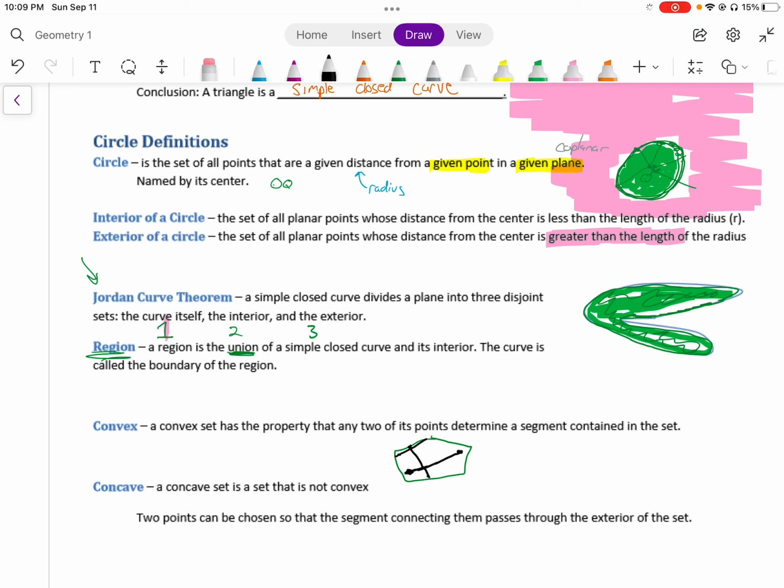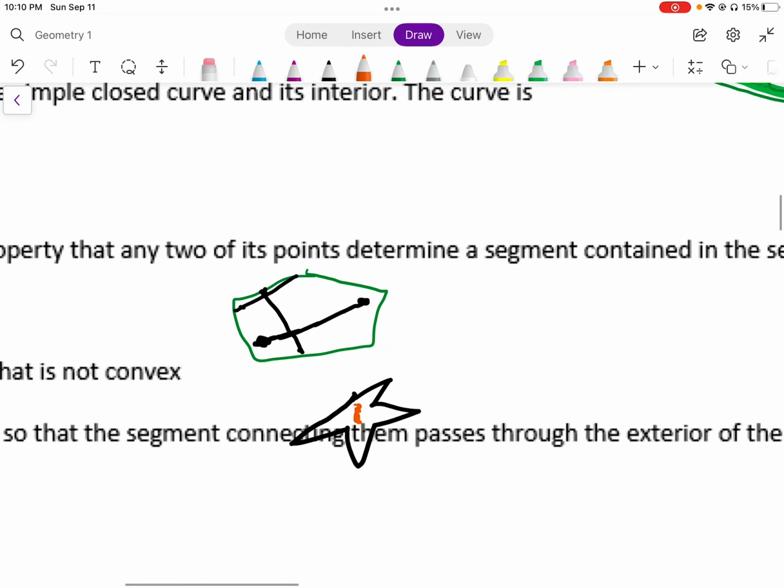Concave is a set that is not convex. And so an example of that would be something like this. We can choose some points that if we connect them, that segment lies in there, but also, like if I chose this point and this point, if I draw that segment, it goes on the exterior of my shape.